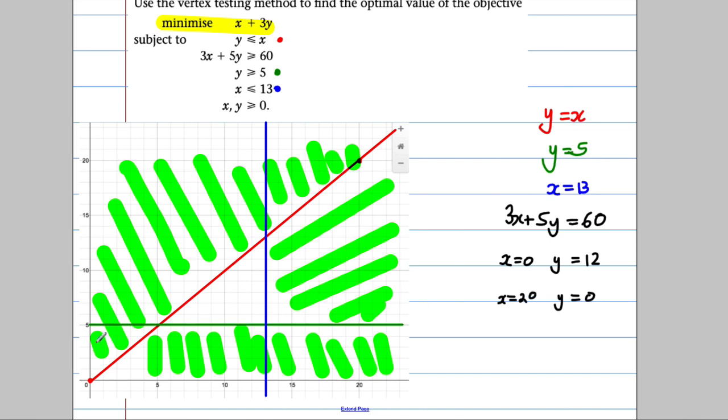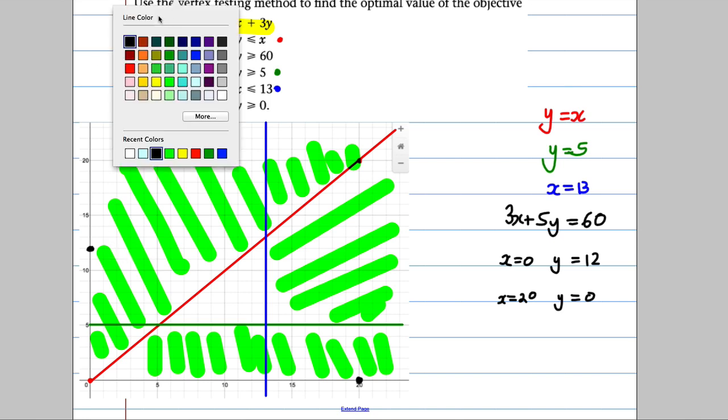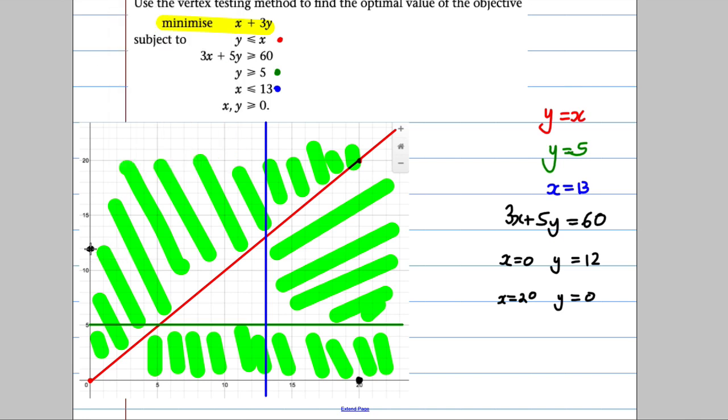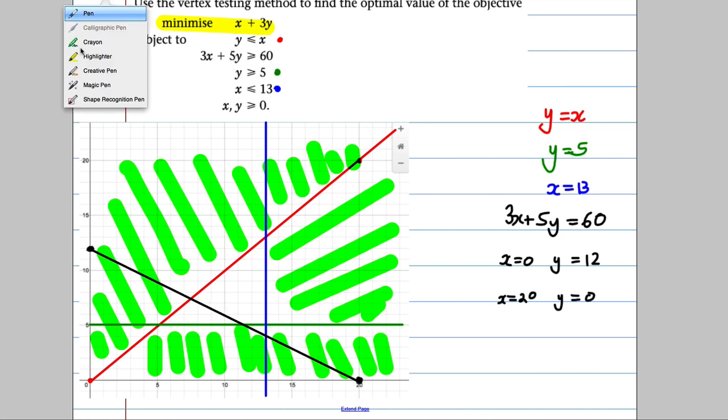And you plot those two, so plot 0 versus 12, and you plot 20 versus 0 there, and you draw yourself a line. That one there. Now you want above that line, so you're going to shade everything below that line, namely this.